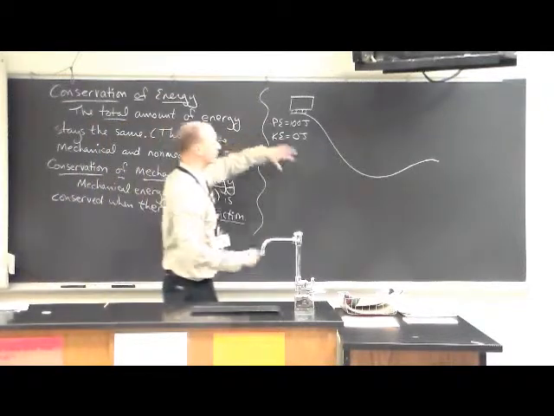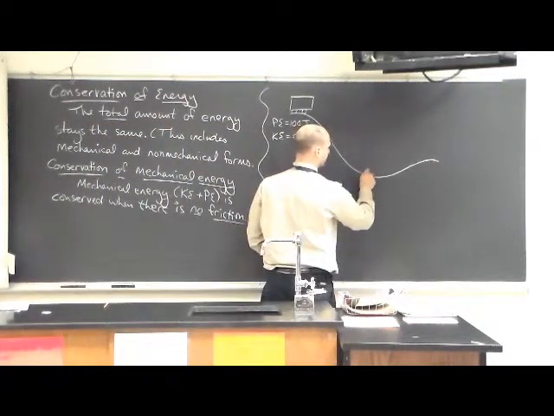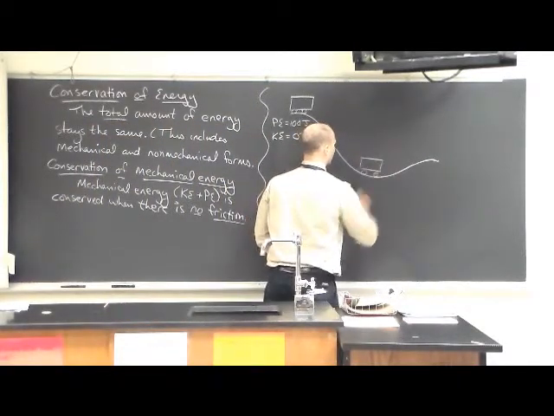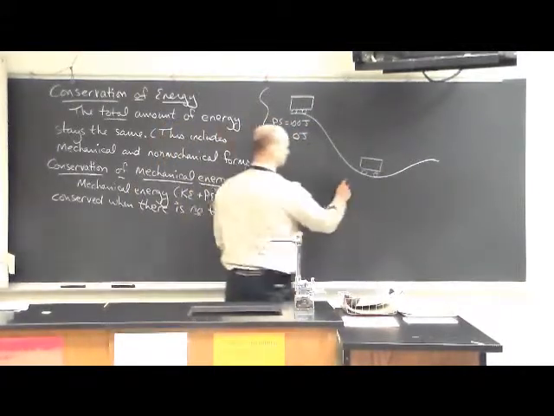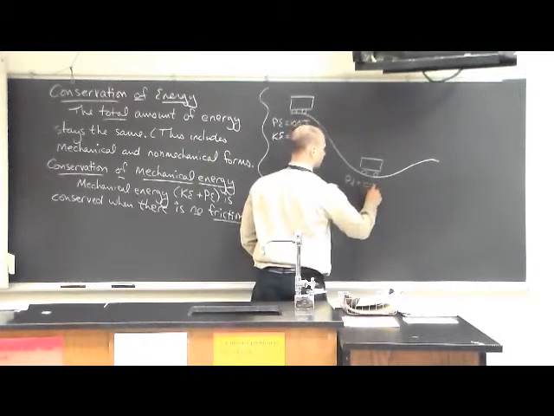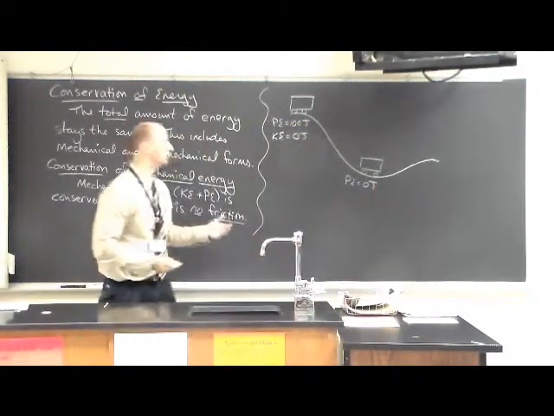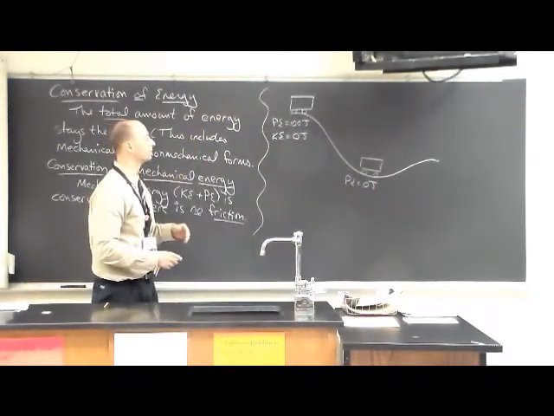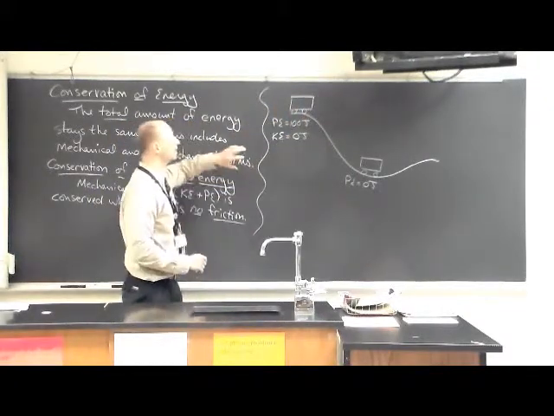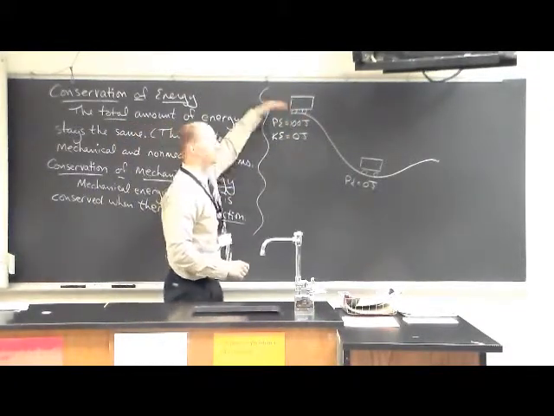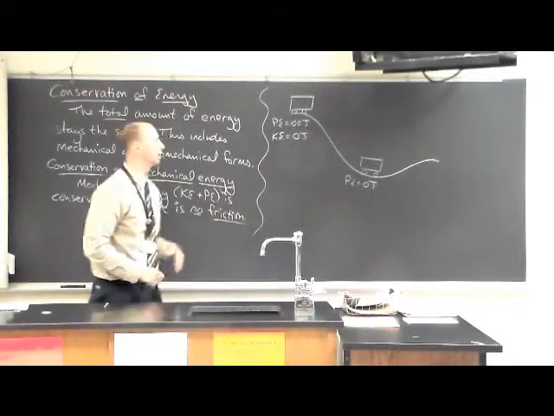Now, as the car gets to the bottom of the track, what happens is that it loses all of its potential energy, because now it has no position above 0 height. So again, gravitational potential energy is the potential energy of being above or below a 0 height.